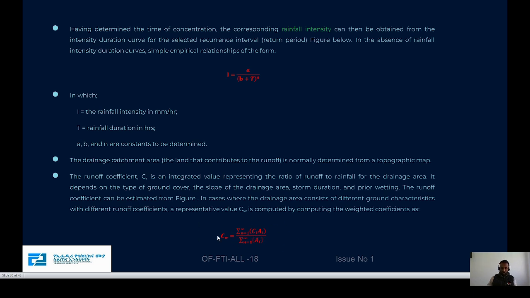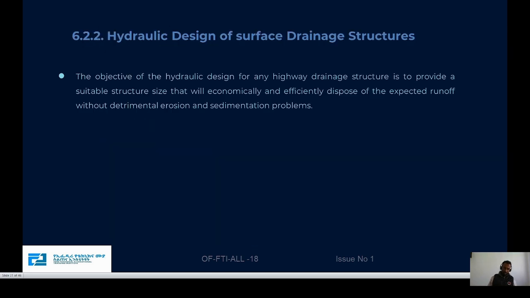The final representative runoff coefficient is obtained by the summation of each segment's coefficient times its area, over the total area. So we have the summation, which gives the final representative catchment value.